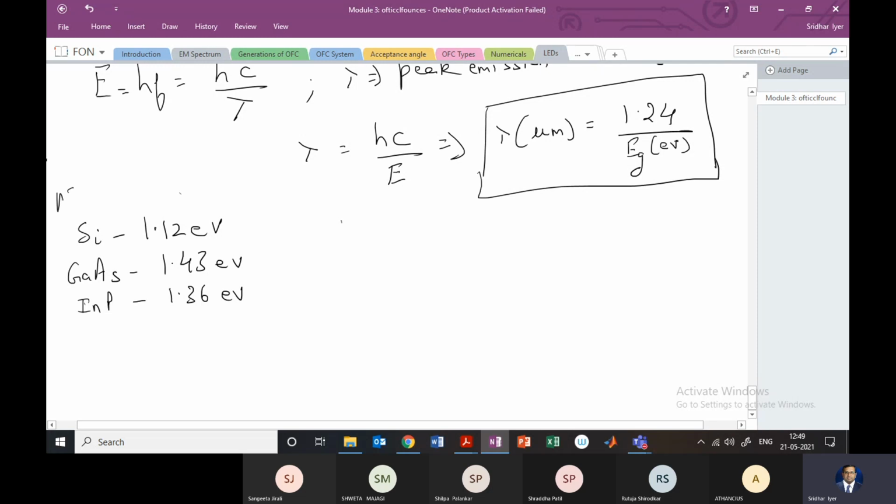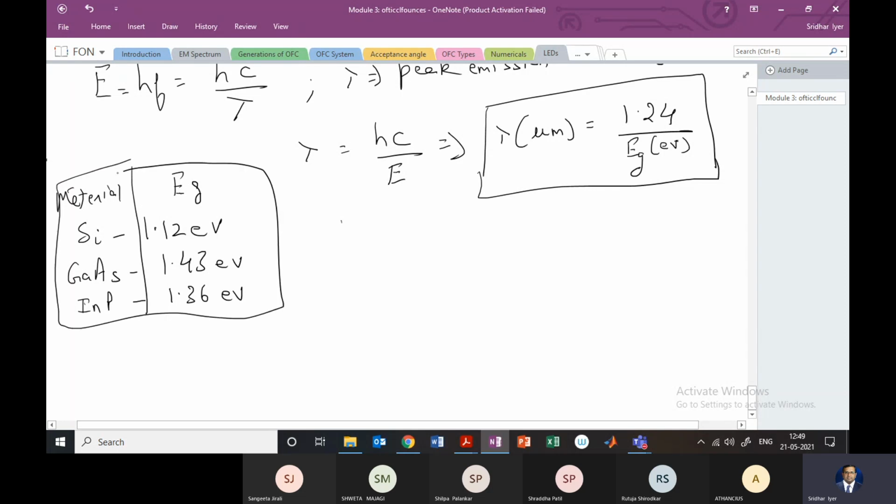So this is the material here, and this is Eg, which is the band gap of the material. Right? So different kinds of alloys and compounds can be made, and you can have different kinds of combinations.